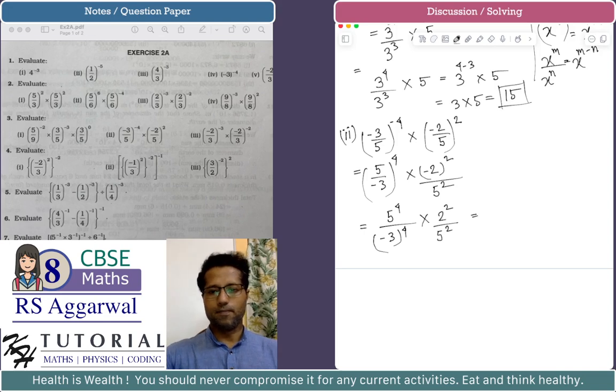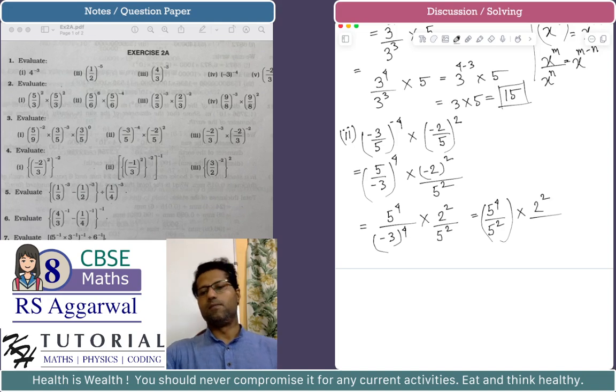Now I can combine the similar terms, that is the exponentials having the same base, 5^4 divided by 5^2. I will combine that, and then I am left with 2^2 divided by (-3)^4. The power 4 is an even integer, so this will be equal to 3^4.